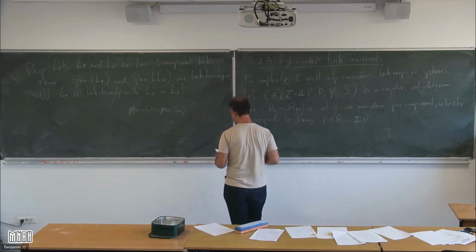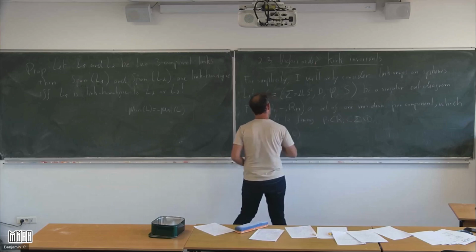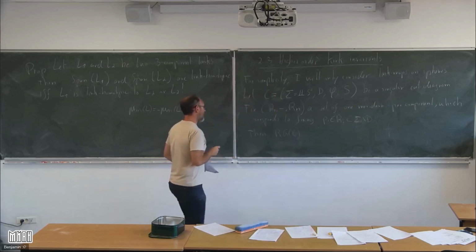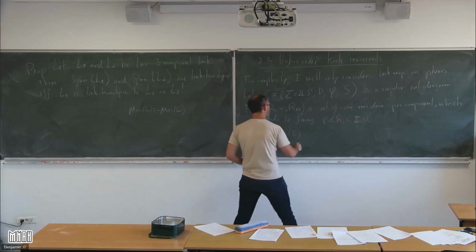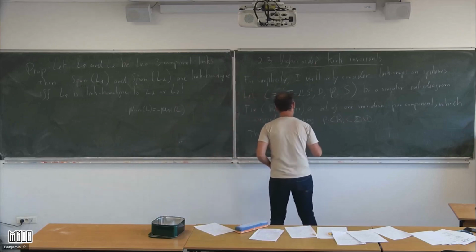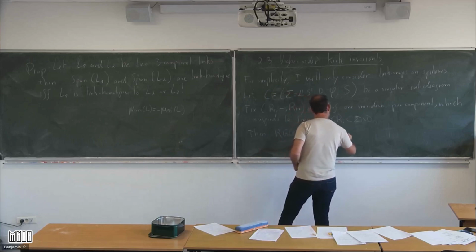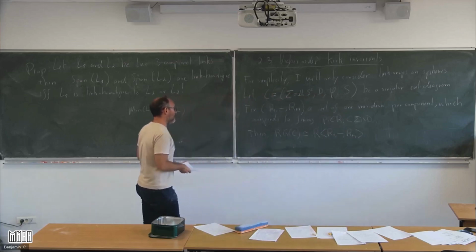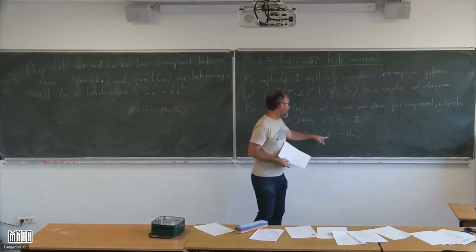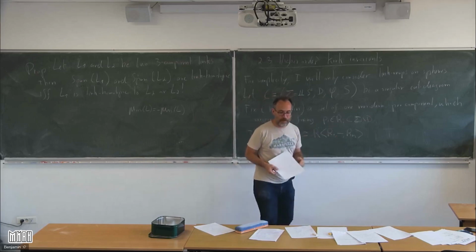Then in that case, the associated reduced group is actually isomorphic to the reduced group of the free group over R1, ..., Rn.